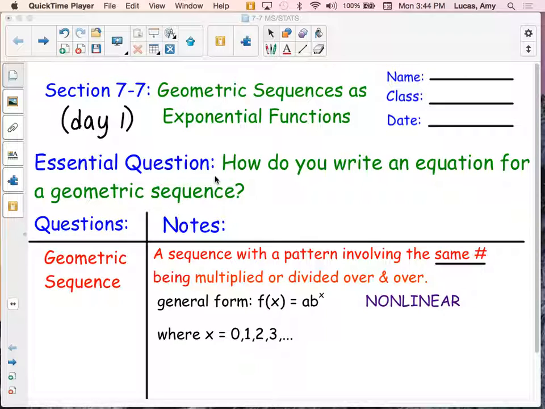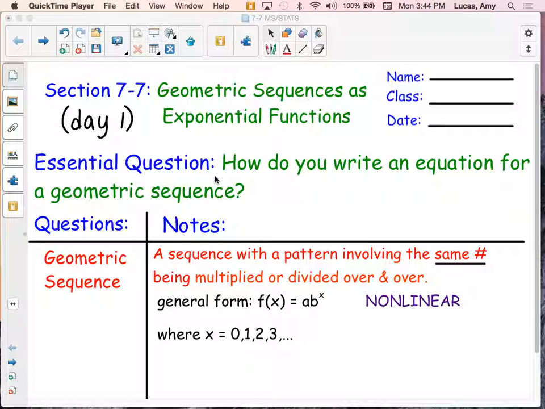The general form for a geometric sequence is f of x equals a times b to the power of x. Because this sequence has an exponent, it's a nonlinear sequence. So if we drew a graph, our graph would not be a straight line. It would be curved.